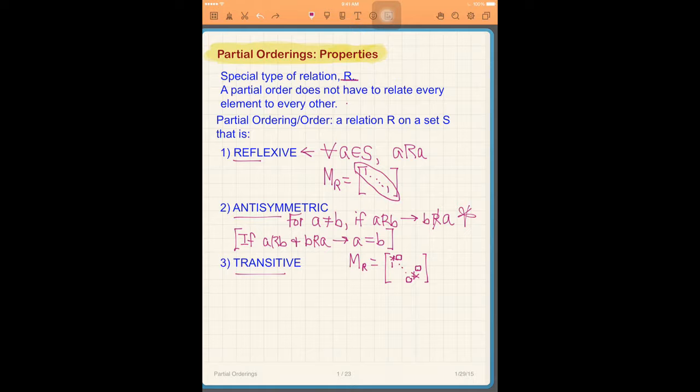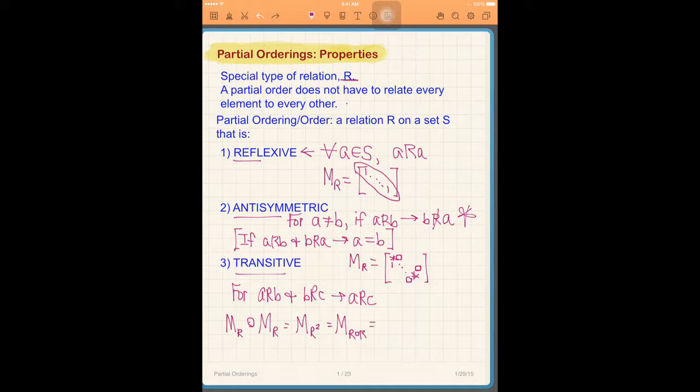Transitive, this means for A related to B and B related to C, we get back A is related to C. If you looked at the connectivity matrix, you're going to take the Boolean square of this, which you can write different ways. It's the composition function here.